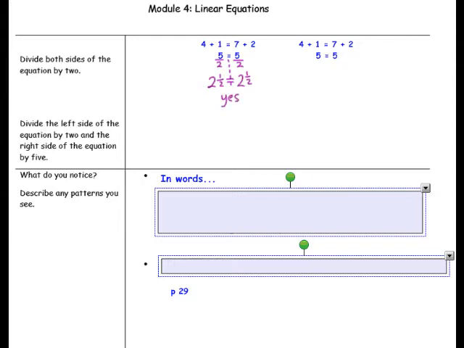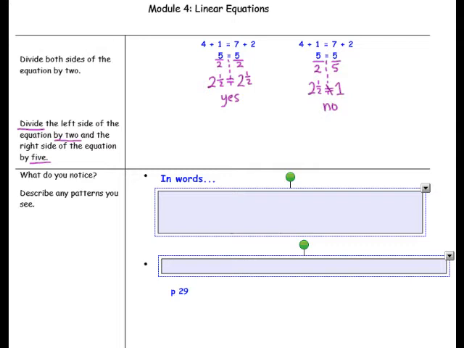Finally, divide the left side of the equation by 2 and the right side of the equation by 5. On the left, we divide by 2. On the right, we divide by 5. 5 divided by 2 is 2.5. 5 divided by 5 is 1. These are not equal. The answer is no.